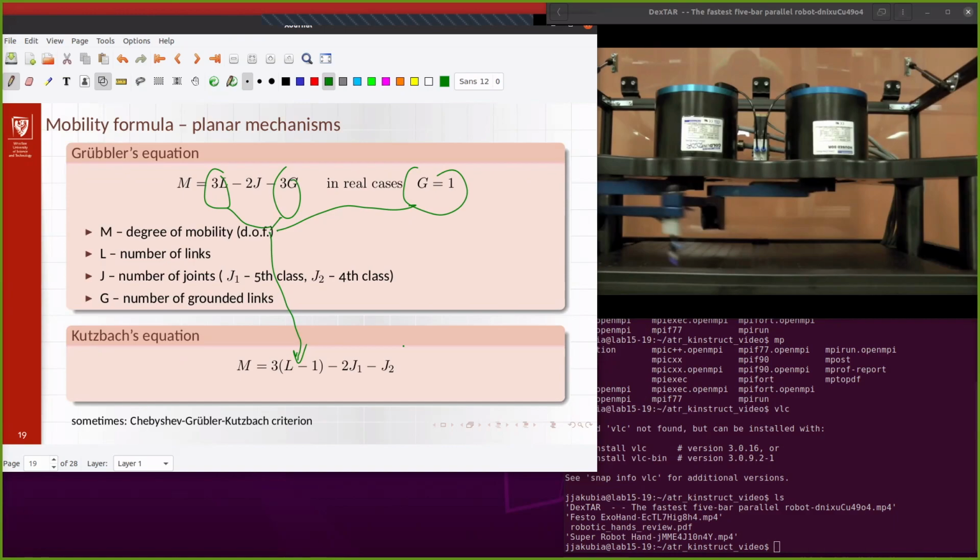The 5th class joints that are used in the Grübler formula are just the standard mechanism where we have only 1 rotation in a joint. The 4th class joints are those which have 2 different motions in one joint. So that's why we subtract a bit less.